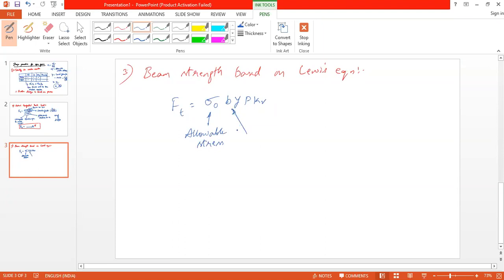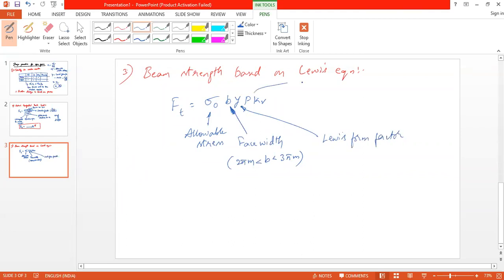And what is b? Face width. The face width is mostly between 2 pi m to 3 pi m. And what is y? Y is the Lewis form factor of the weaker member.